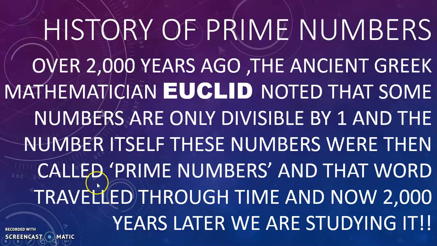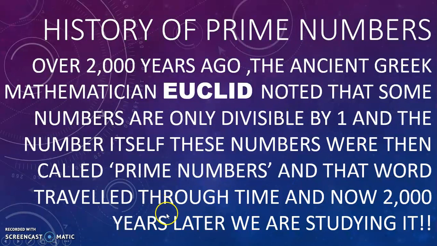These numbers were then called prime numbers, and that word traveled through time, and now 2000 years later we are studying it. If Euclid was alive now, he would be so happy that he made one thing in mathematics, prime numbers, and now we are studying it.